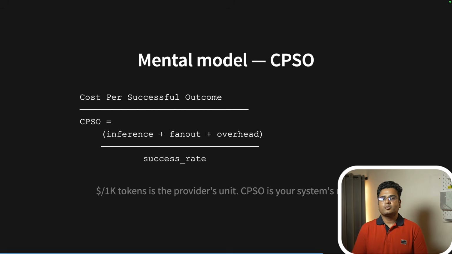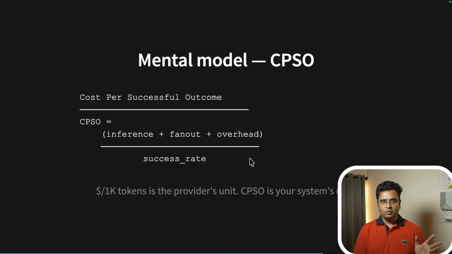The denominator is the fraction of your calls that actually produce the outcome the user asked for. A 90% success rate means you actually paid for 10% failures on top of the successes. Now, a 50% success rate means you actually paid twice on average.